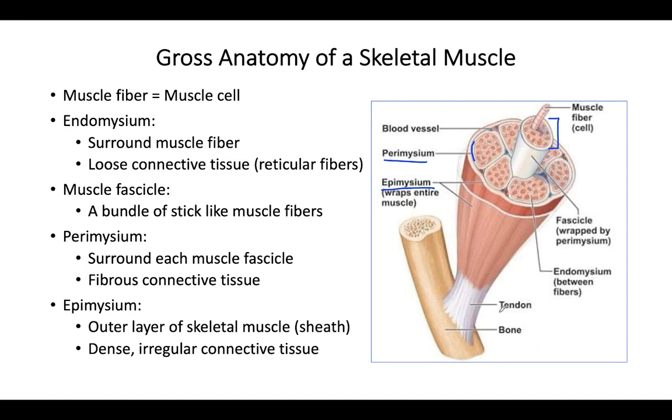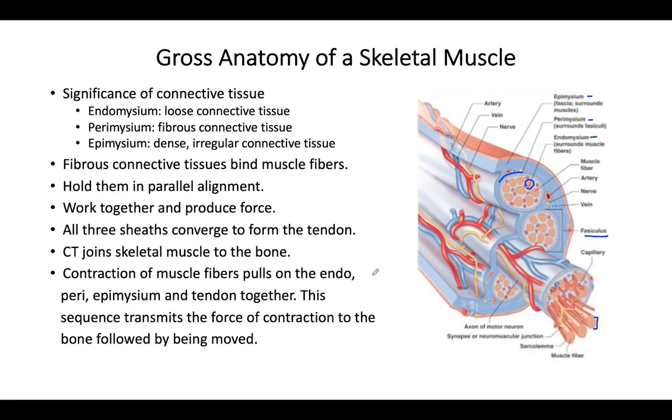This architecture is important because the perimysium surrounding a bundle of muscle fibers is an extension of the epimysium into the muscle, and it connects with the endomysium. So the three layers of connective tissue, endo-, peri-, and epimysium, covering the muscle blend together with the tendon.